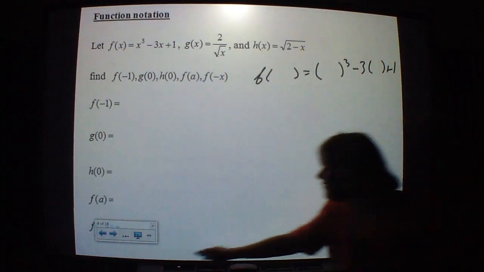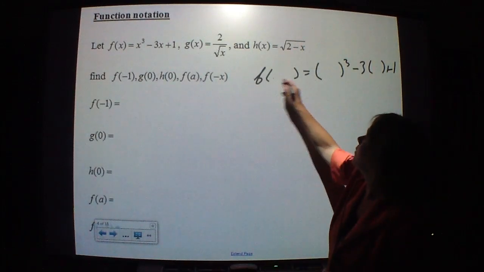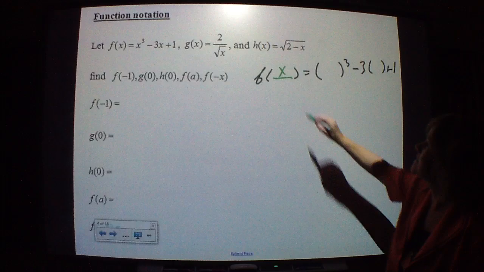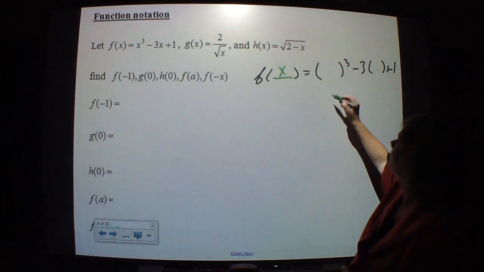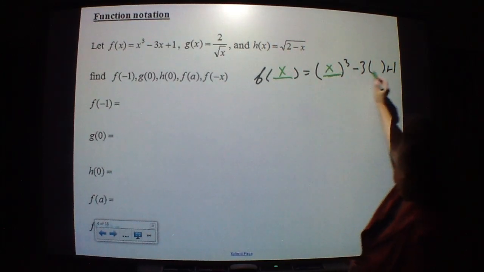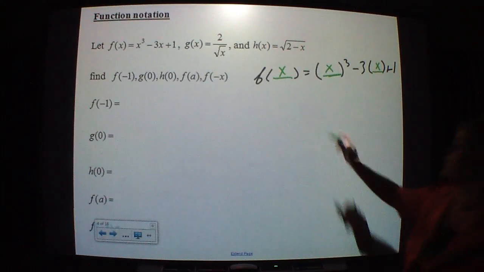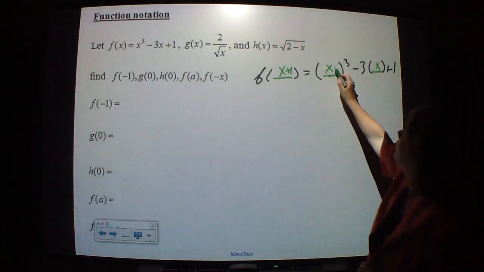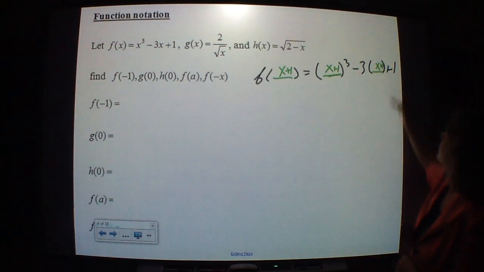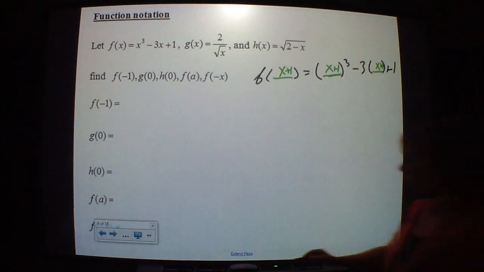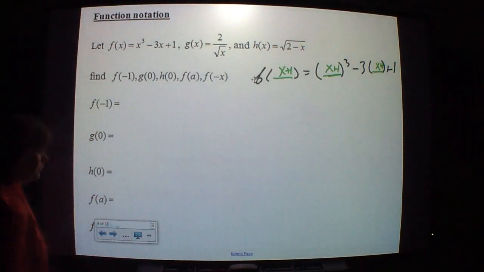F of whatever I want here. I could put an x in there, I could put a 7 in there, I could put x plus 5 in there. I will put in wherever there's an x. Okay? If I have f of x plus 1, then I would put x plus 1 wherever there was an x. So that's how you work with functions.